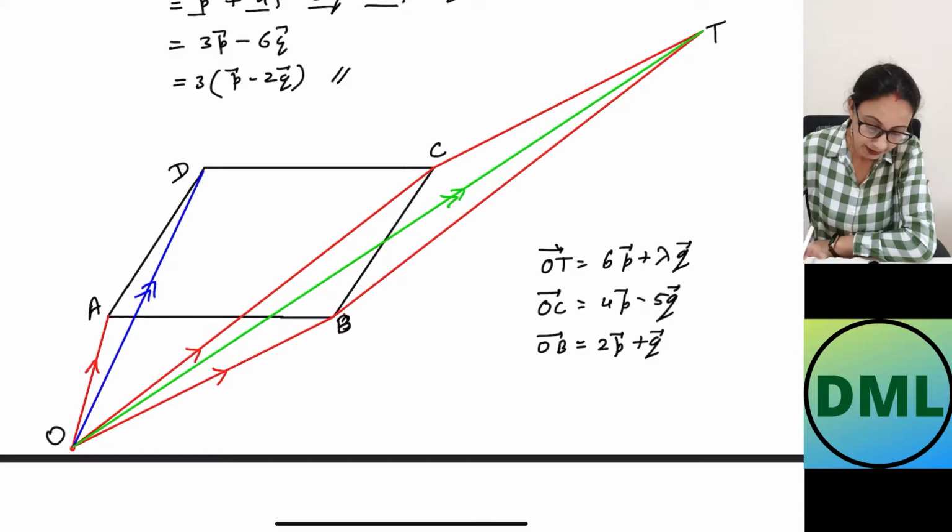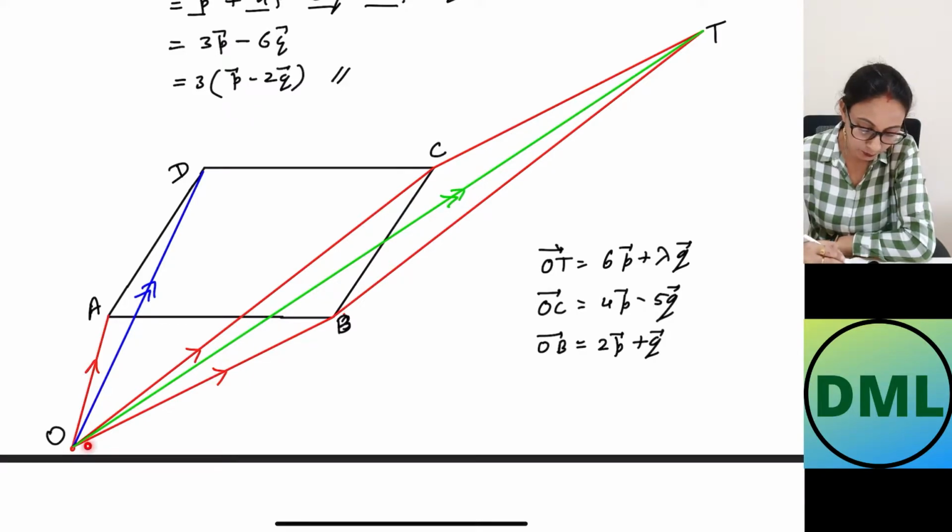Now they have given you that OBTC is a parallelogram and they have also given you OT is 6P minus lambda Q. Now I'm going to write down the position vector of D again. So I have joined it with the origin.